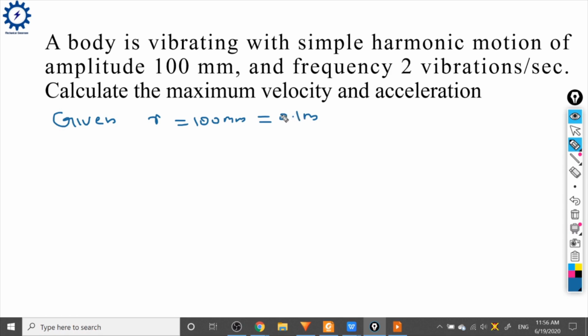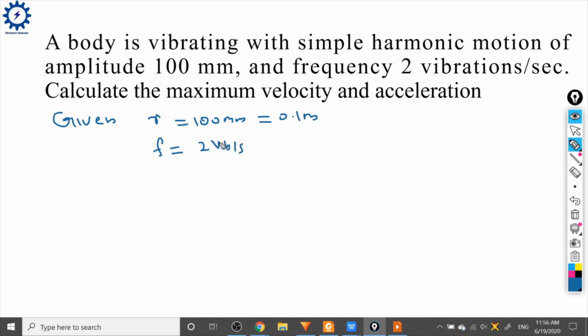Frequency of body is 2 vibrations per second. We can represent frequency by the letter F, which is equal to 2 vibrations per second.